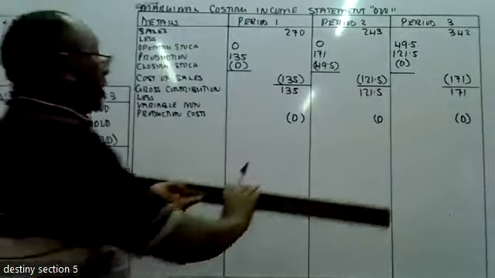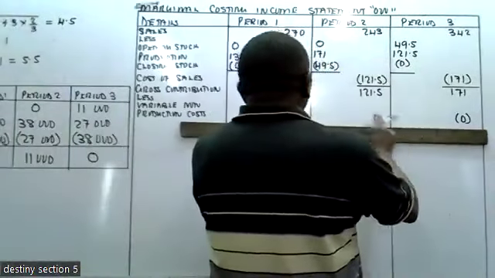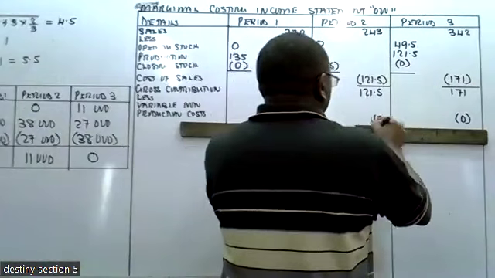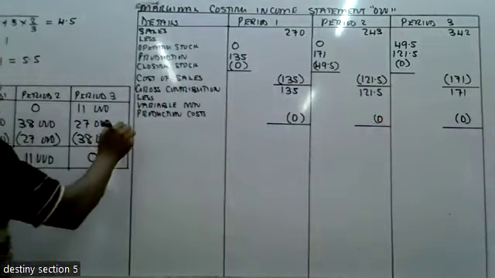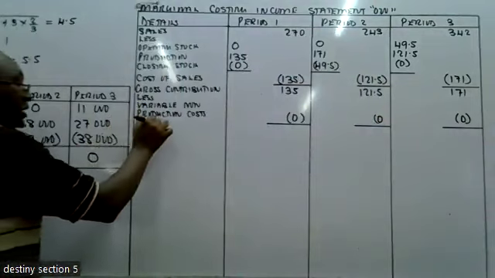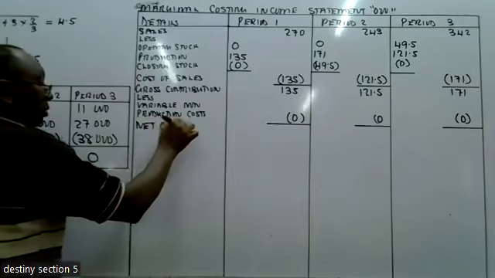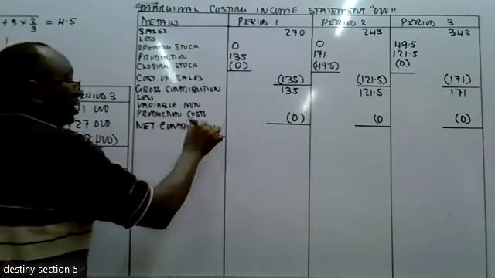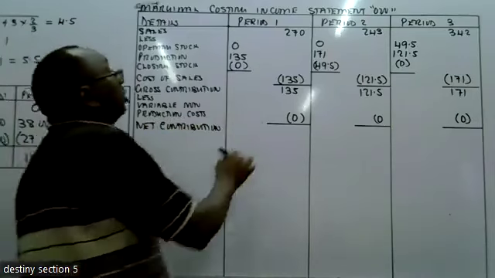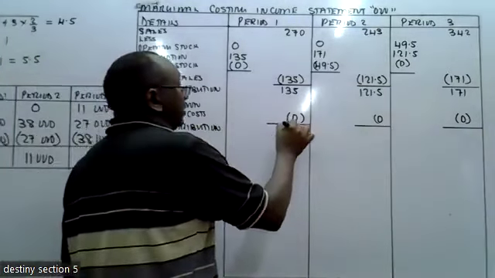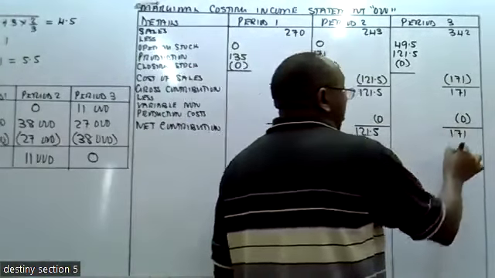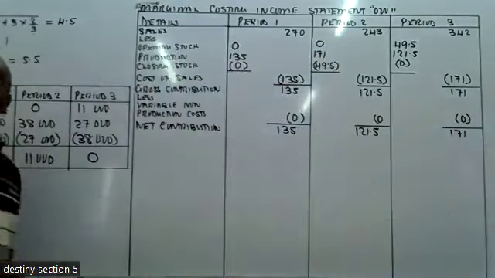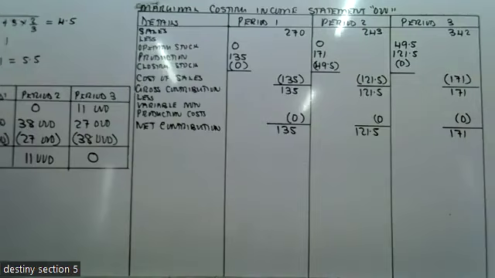Here I'm showing you everything. Once you have subtracted any variable non-production cost, the answer that you get is called net contribution. So in period 1, this will be 135, this will be 121.5, and this will be 171.